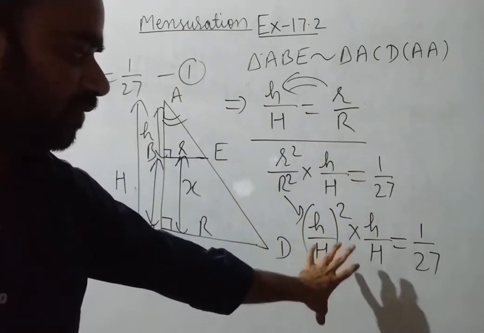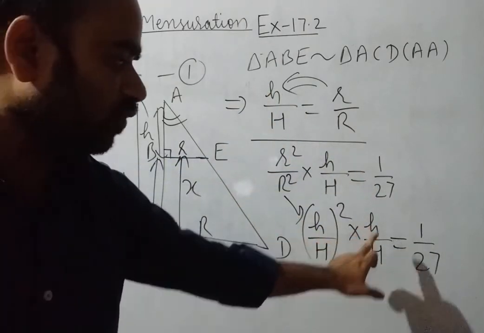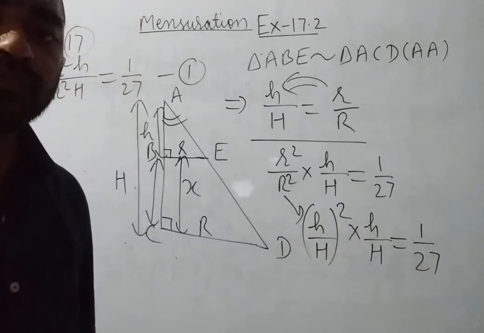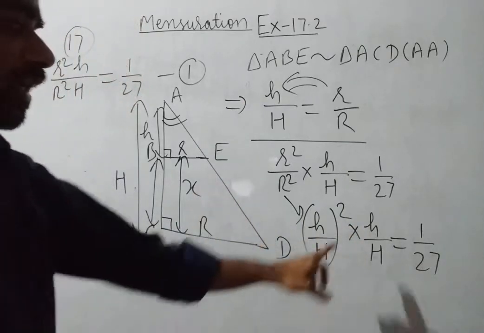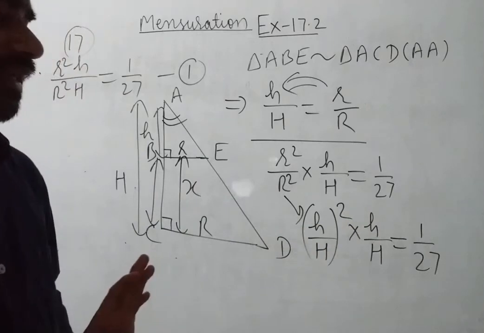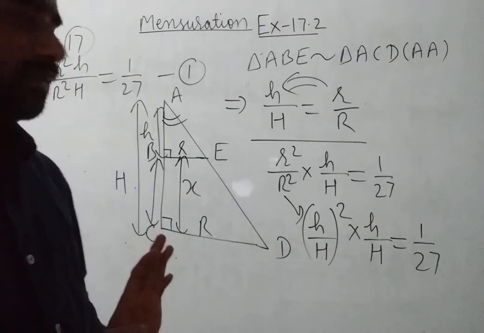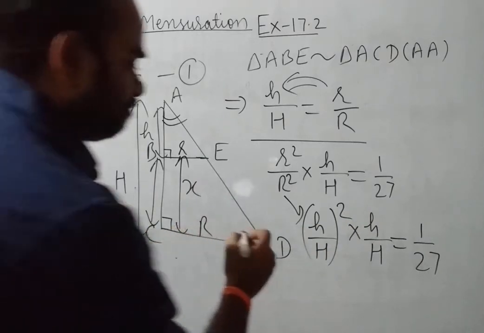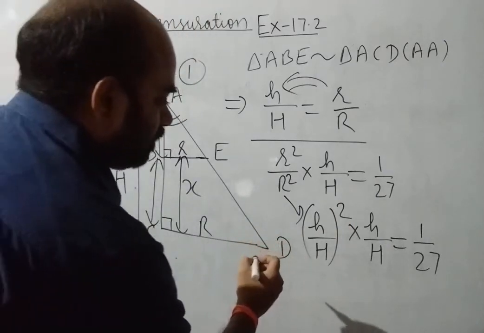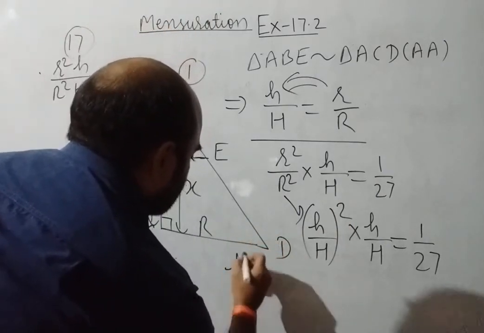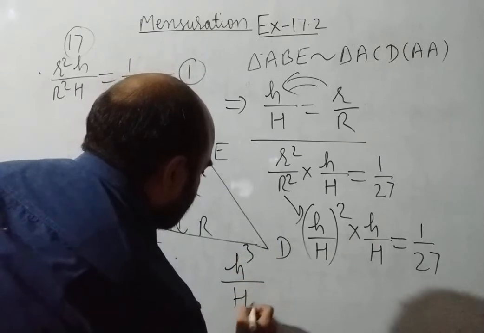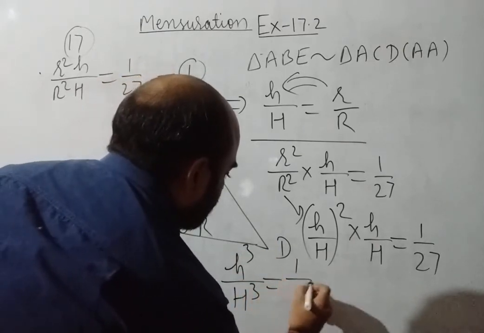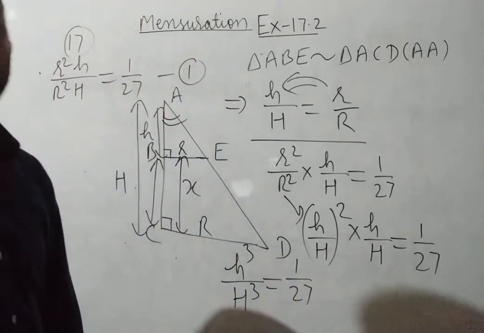It means finally what we are getting is h cube upon capital H cube. Here I am writing h cube upon capital H cube is equal to 1 upon 27.